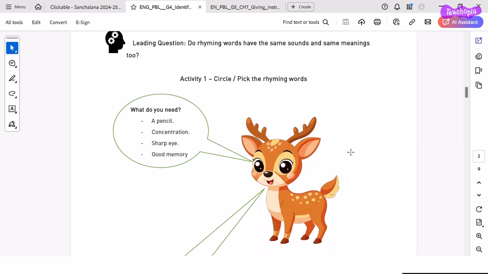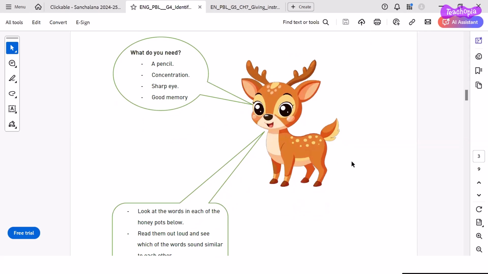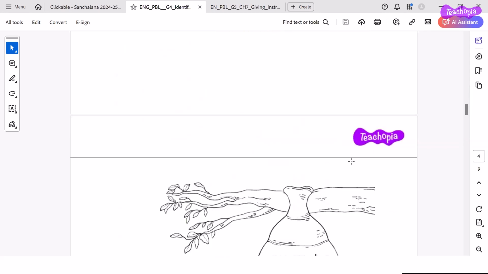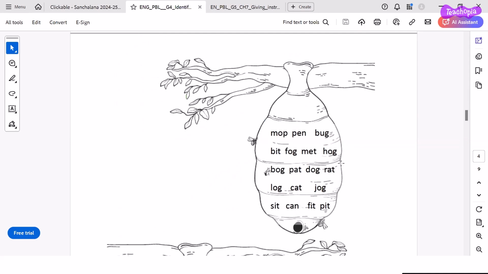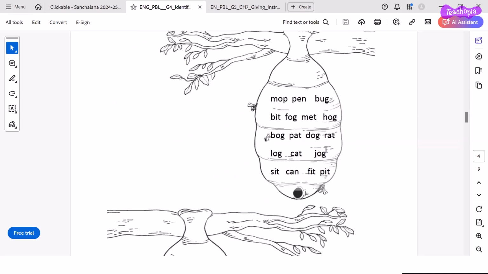So the activity that starts off is to help the student identify or pick rhyming words from the sentences that are given, from the words that are given below. So the child will circle the words which have rhyming words.